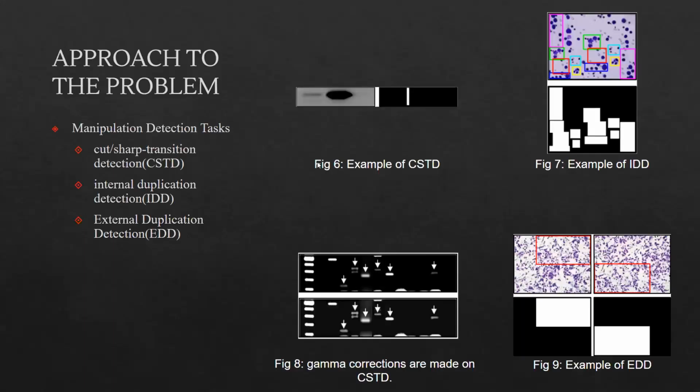Sorry, Akash, sorry to interrupt. I just have a quick question about this slide. For this IDD and EDD, this is a copy-paste kind of procedure, right? Yes. So will that result in obvious artifacts? For example, look at figure 7.